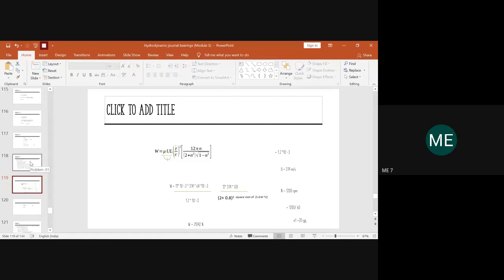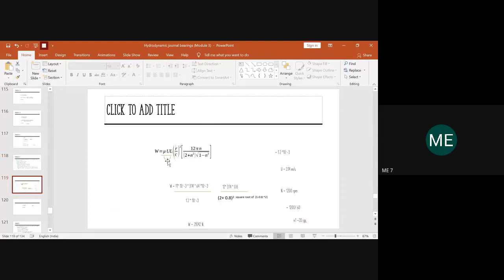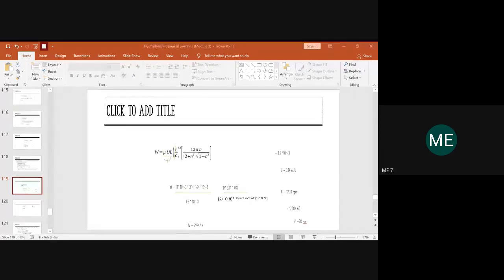But here it is not needed as the diametrical clearance value is determined. We have determined the diametrical clearance ratio chi. So when the diametrical clearance ratio chi is given, for the coefficient of friction you can use another equation, where mu is equal to chi into 1 plus 2n square upon 3n. So this is the equation you have to use.